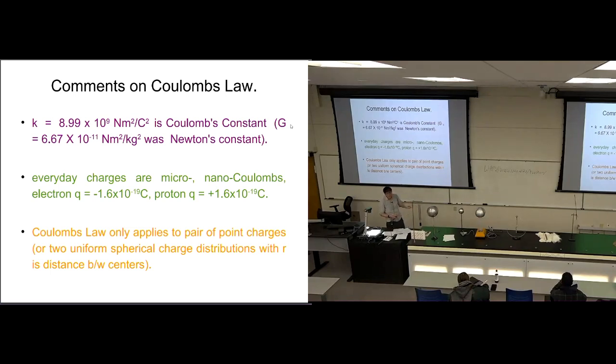Oh yeah, just a remark: we introduced these units of coulombs for measuring charge.